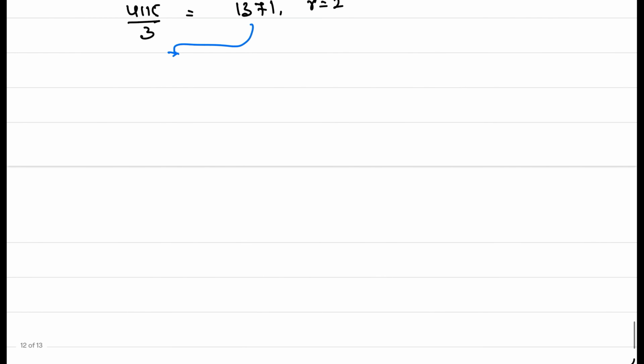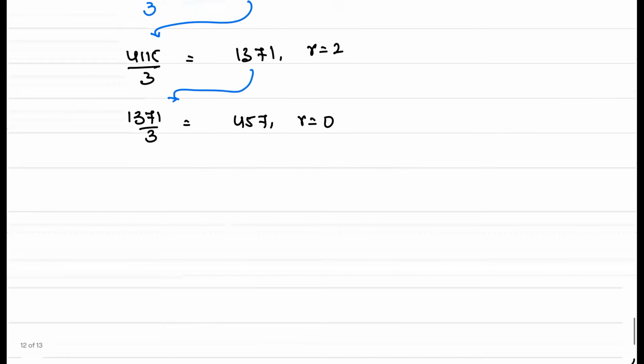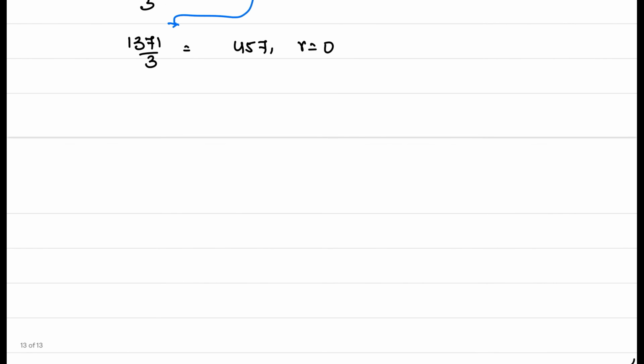You just see, 1371 divided by 3. 457. Remainder is 0. Then we will take this value 457 and divide by 3.